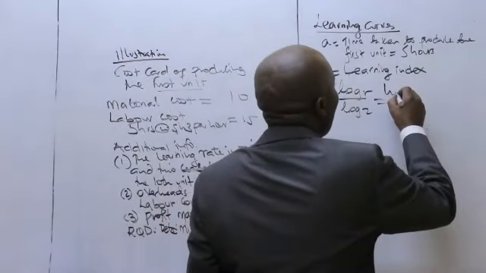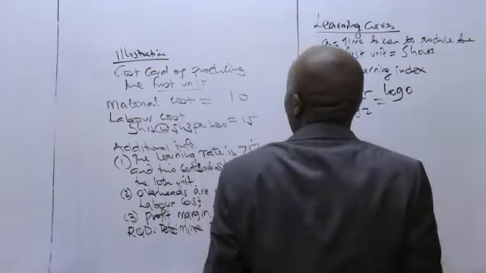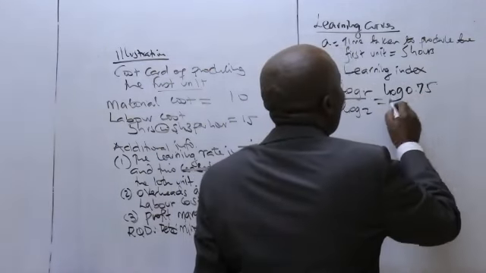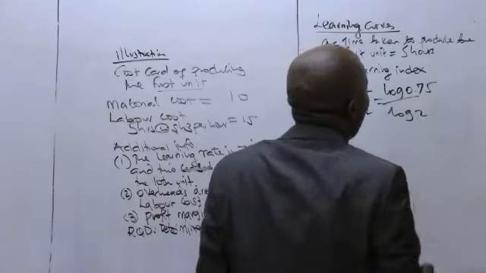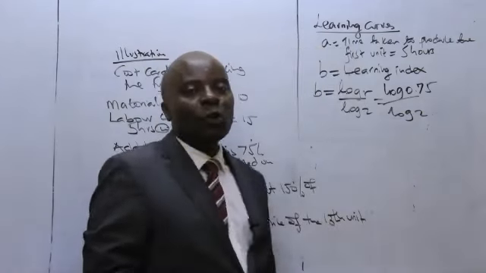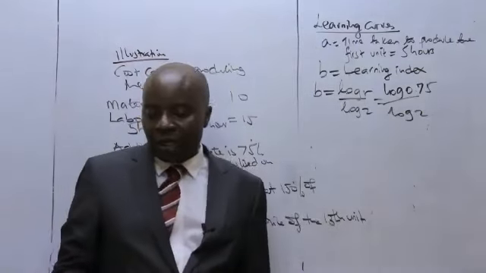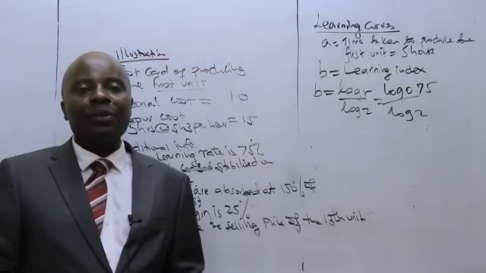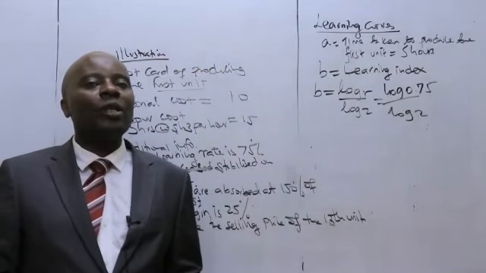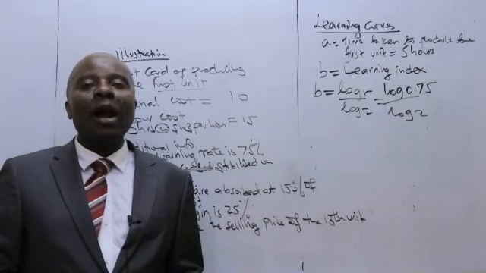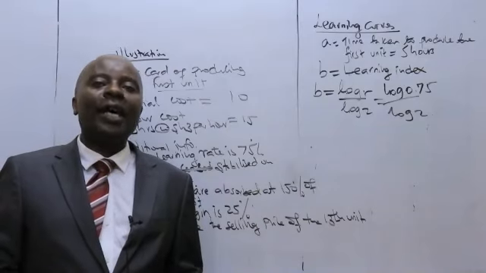So we have here log of 0.75 over log of what here, somebody? Over log of 2. I'm sure that there are students, whenever they see these logarithms, they become sick a little bit. This should never worry you. Why? Because your calculator has logarithms there.